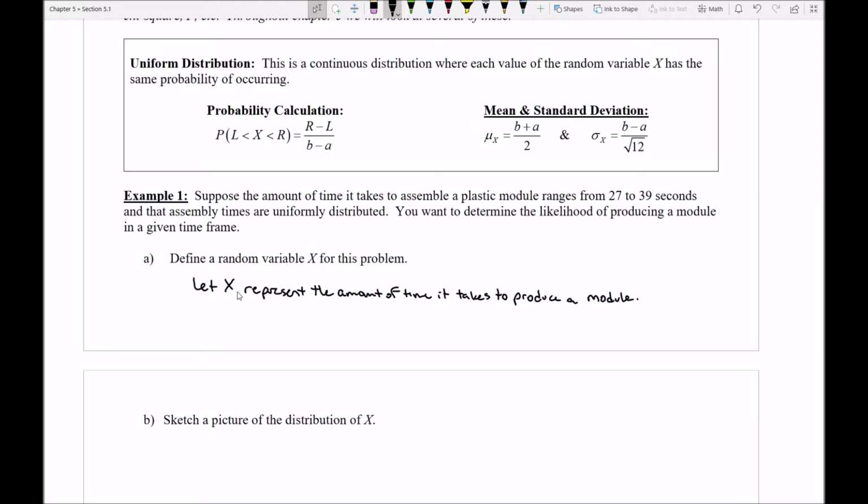That's what we have, right? X is this random variable of the time. I don't know how long it's going to take. But I do know right away, again following the formula sheet, that x has a uniform distribution. I'm just going to write that out because it's the next thing that I would always want to check. And of course, I know that that's true because the problem tells me that it's uniformly distributed.